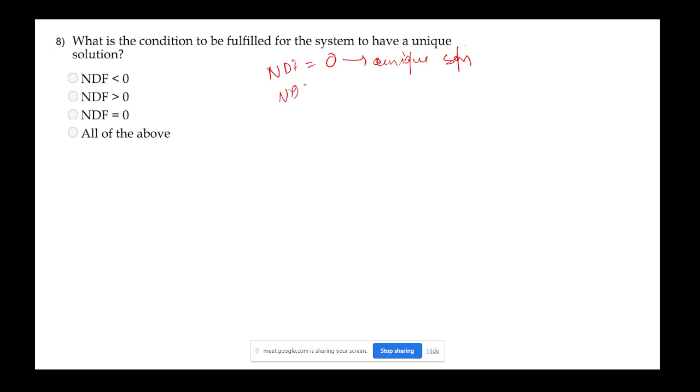For NDF greater than 0, you have underdefined. For NDF less than 0, you have overdefined. So here it is asked about a unique solution, so the system is NDF equals 0.